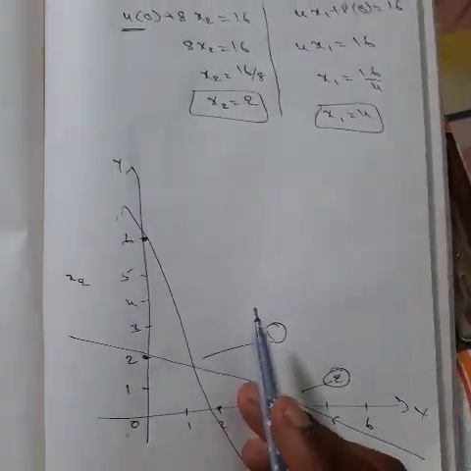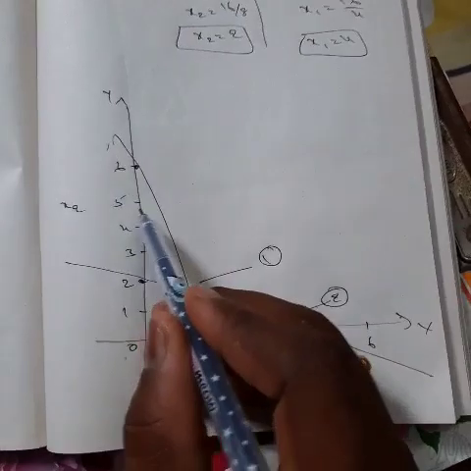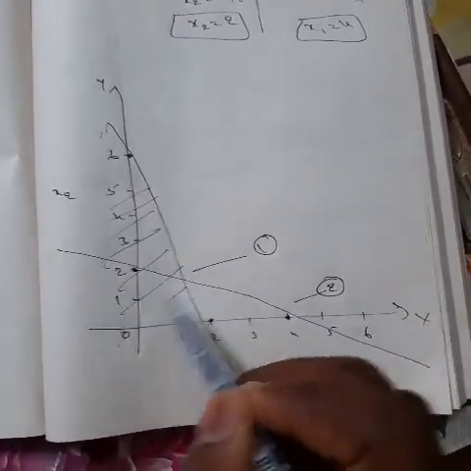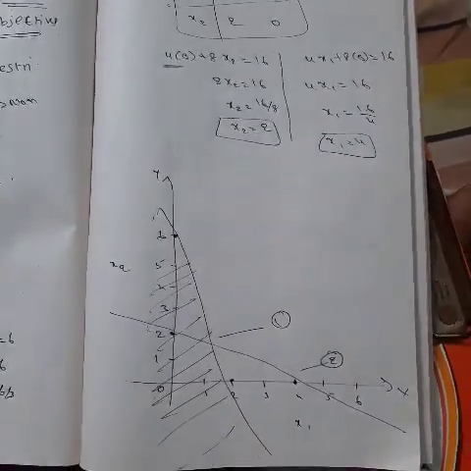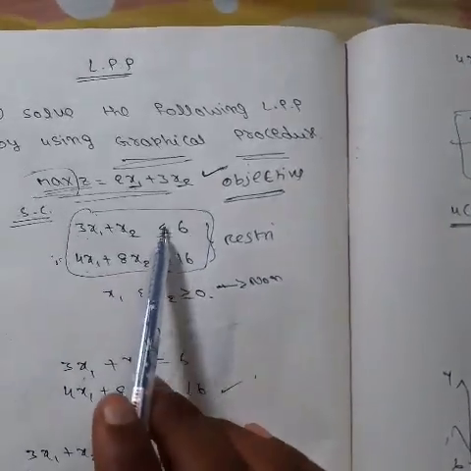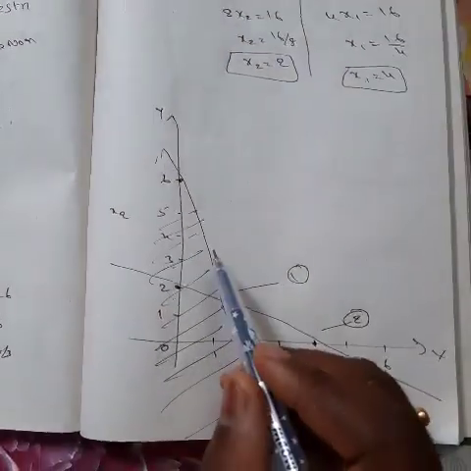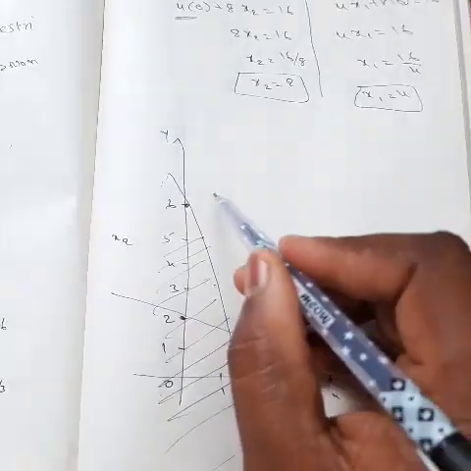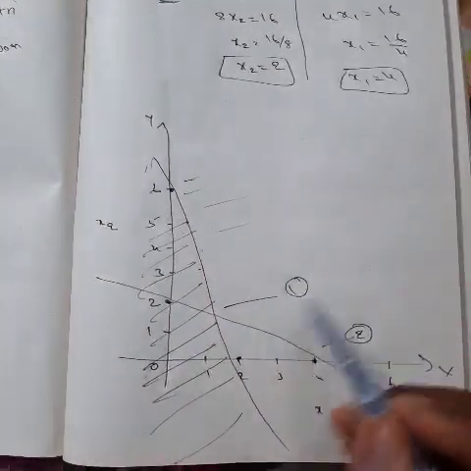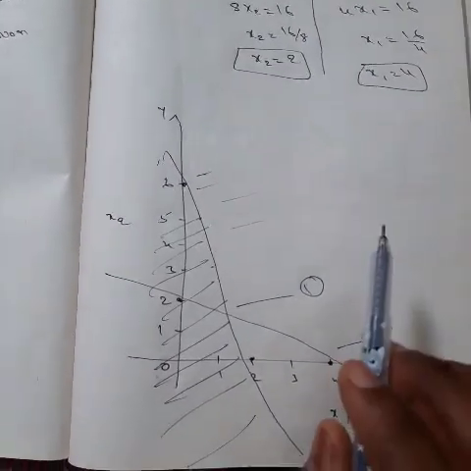Whenever the inequalities are less than or equal to, the region bounded by the given lines is towards the origin. If they are greater than or equal to, then the region bounded by the points will be outside of the origin. Let us consider it in another example.